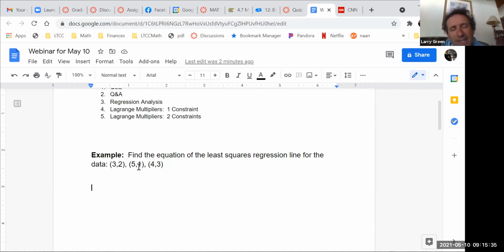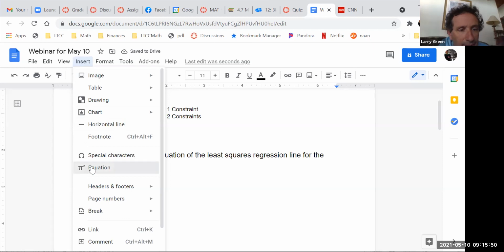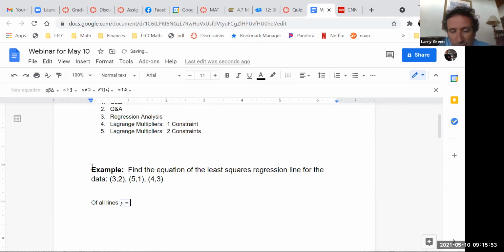All right, but then the next question, and this is the big question for regression analysis, is of all lines, y equals a plus bx. I'm going to write a plus bx.